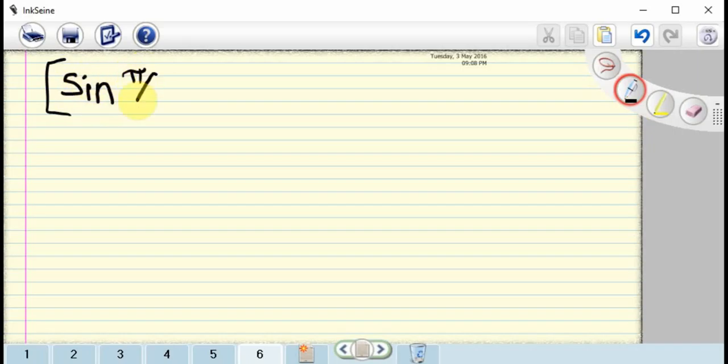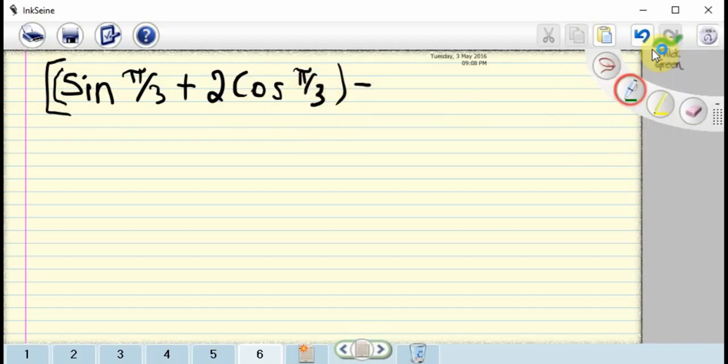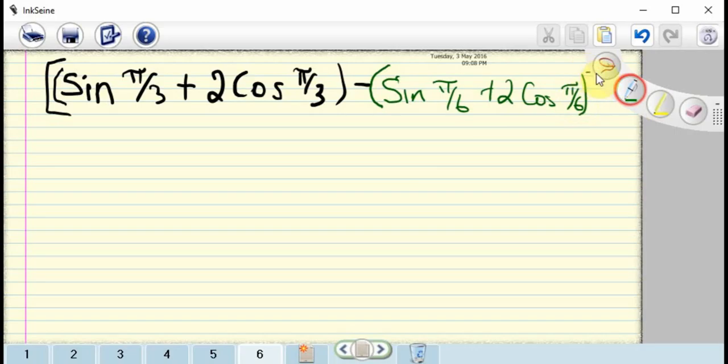So that's sine pi by 3 plus 2 cos pi by 3, minus, sine pi by 6 plus 2 cos pi by 6.